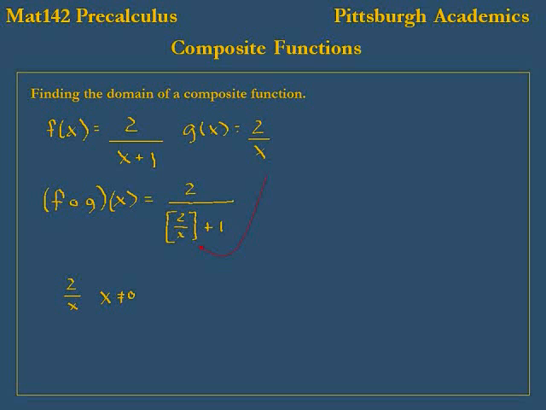Now we have to find out for this composite, in the denominator we have 2 over x plus 1. In this part we have to make sure that also, again, for a second time, we don't get 0 in the denominator. To do this, we set the denominator 2x plus 1 equals 0, and then just simply solve for x.